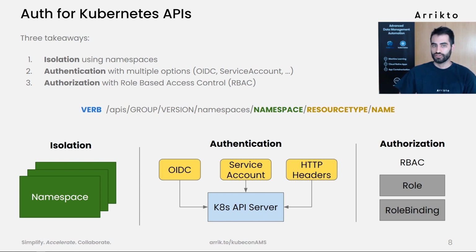Finally, for authorization, Kubernetes uses role-based access control or RBAC for short. Permissions are defined as roles and given to subjects via role bindings. Now let's see how we can apply those principles for designing isolation, authentication, and authorization for the Kubeflow Pipelines API.